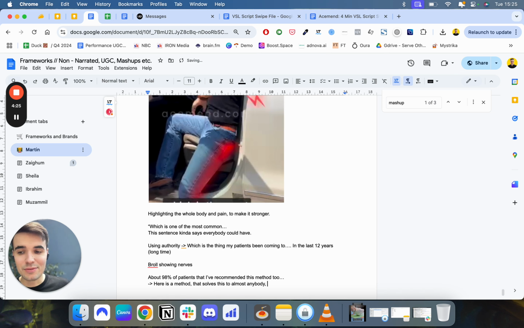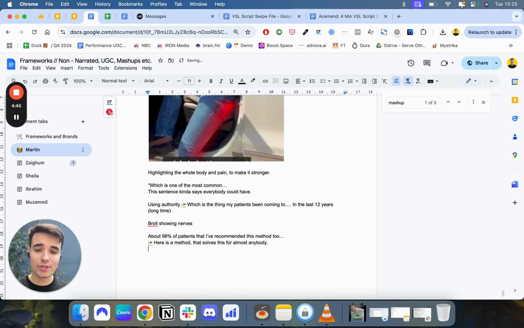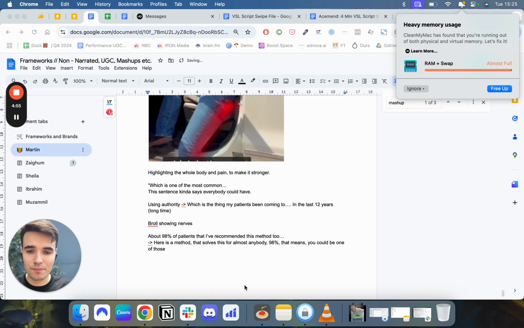I'm sure that this guy didn't go and check how many percent of all of those that he recommended this to got rid of this pain. I'm sure he didn't do this. So what he's saying is, here's this method that solves this for almost anybody. 98%. That means you could be one of those people too. This is literally what he's saying.